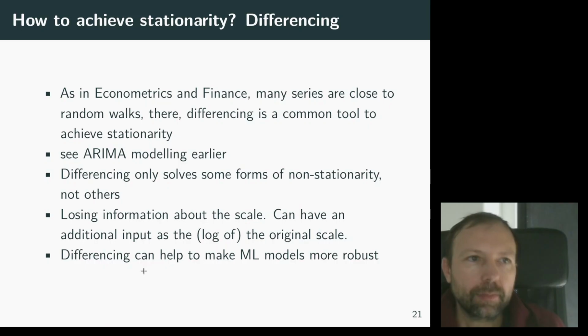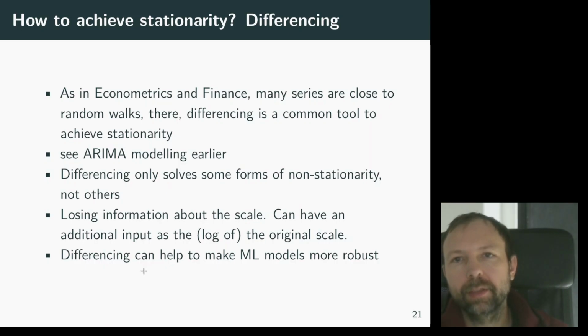Okay. So how do we now achieve stationarity? Well, the classical answer is let's do differencing. In econometrics and finance, many series are close to random walks, and differencing is a common tool to achieve stationarity, right? So very often people would say, if the series is non-stationary, let's just difference it, then it's stationary. And that's obviously exactly what ARIMA does. The I in ARIMA, integrated, means you do a differencing.